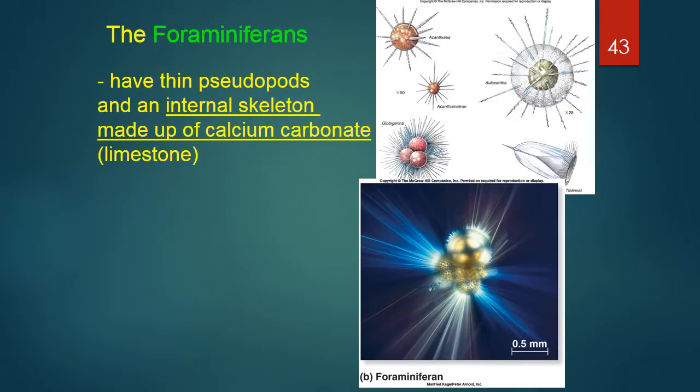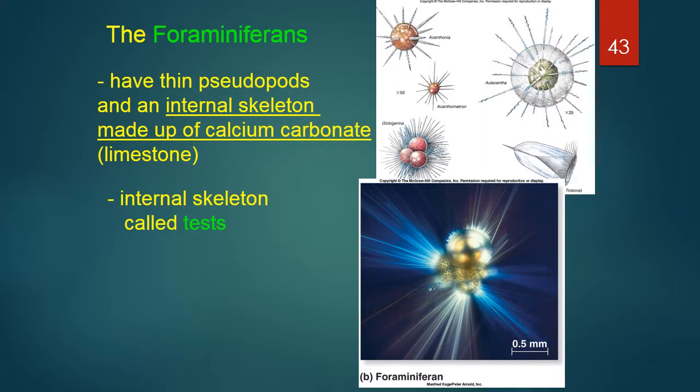And so the test of a radiolarian is made up of silica. So contrasting that to the foraminiferans, they also have an internal skeleton that's called a test. They also have very thin pseudopods that come out through pores, but their skeleton is made up of calcium carbonate. So their test is calcium carbonate. Radiolarian's test is silica.